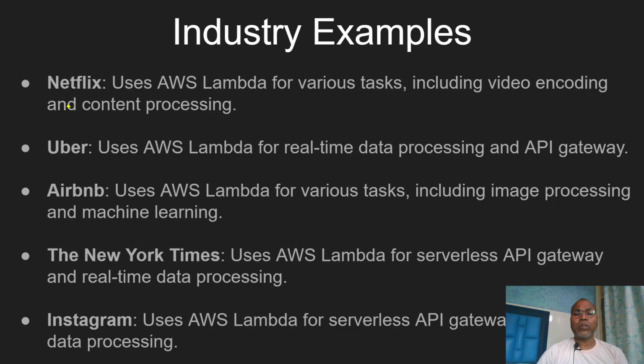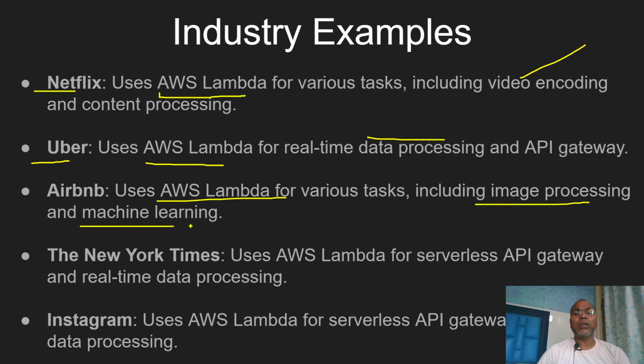Even Netflix uses AWS Lambda functions for various tasks like video encoding, formatting, and content processing, in lots of places. Uber also uses AWS Lambda functions for real-time data processing and the API gateway layer. Airbnb uses Lambda functions for image processing, machine learning, everything.